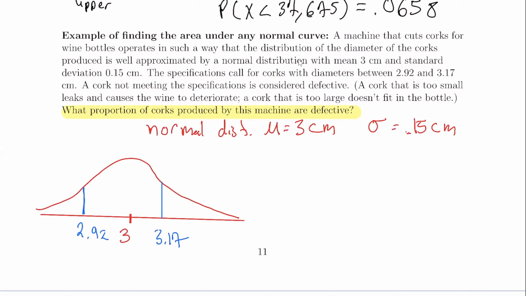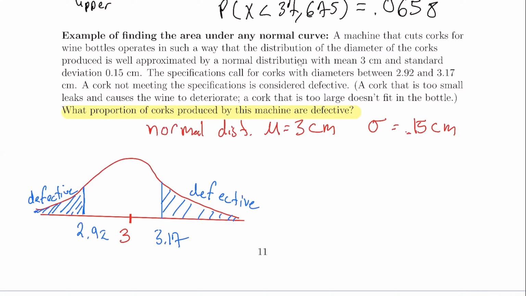If it's greater than 3.17, the machine will be considered defective. If it's smaller than 2.92, the cork will be considered defective. So that's the probability that we want to find. We want to find the probability that the cork is defective.